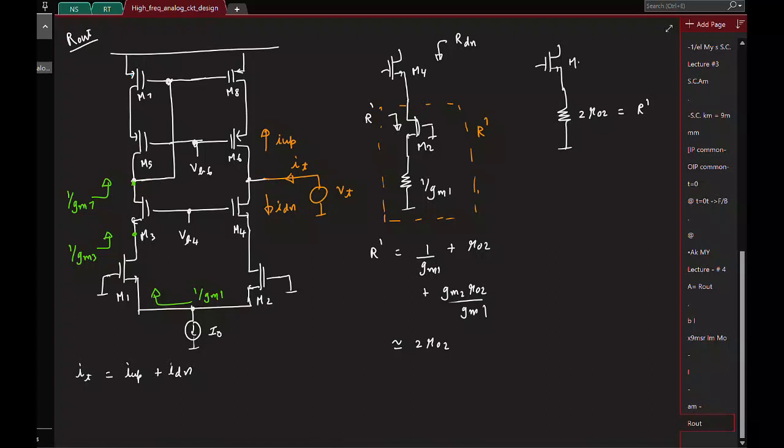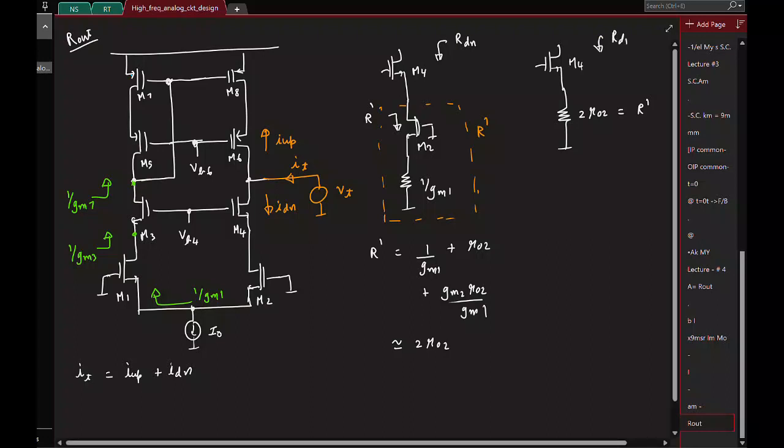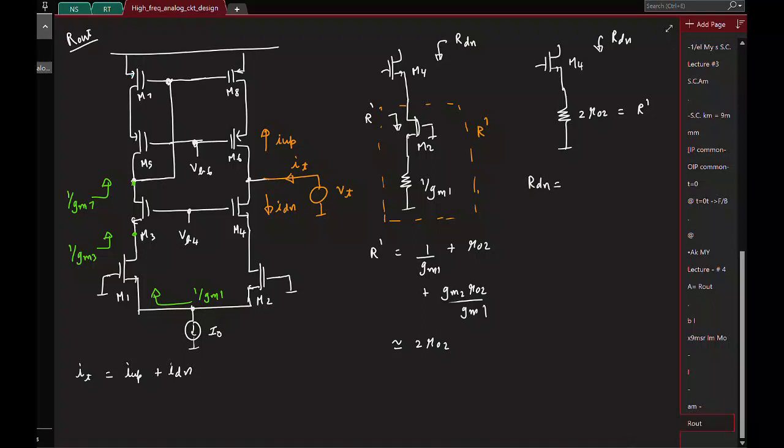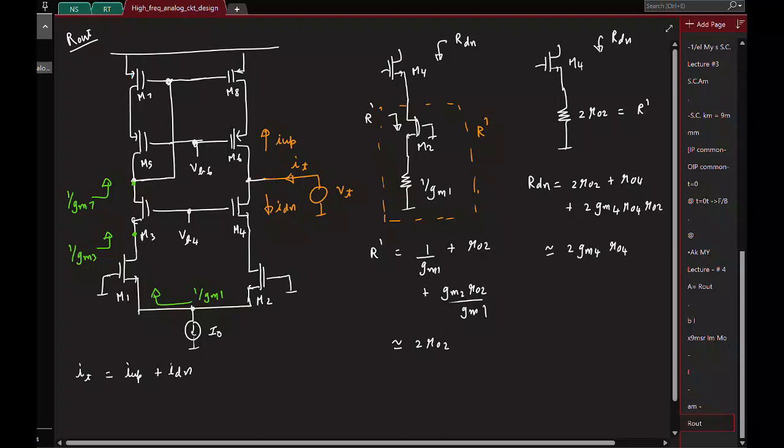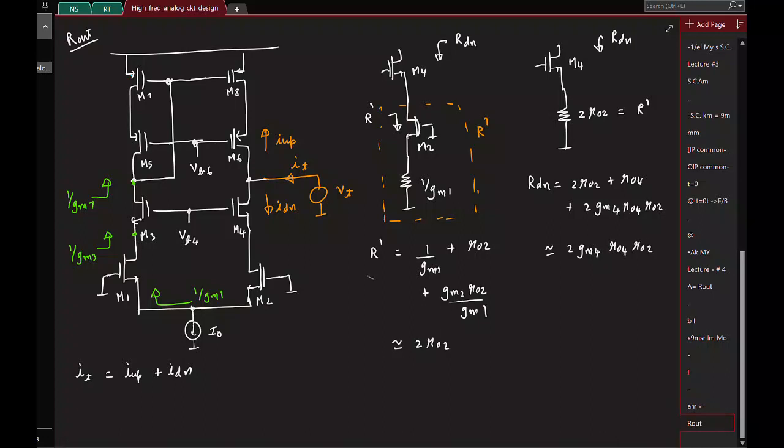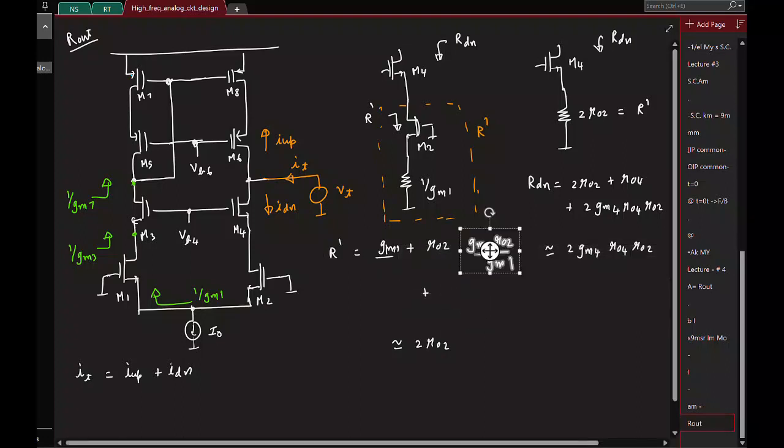This is now again another cascode. So what is the looking impedance R down? Same as for a cascode: R04 plus 2 times GM4 R04 R02. For all practical purposes, this is basically the last term only.